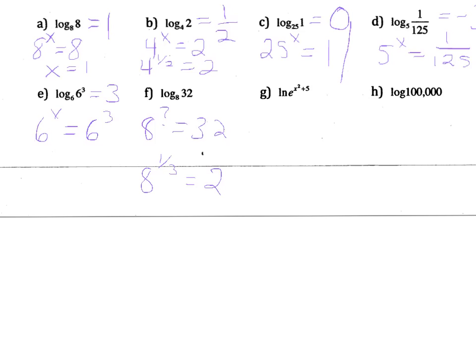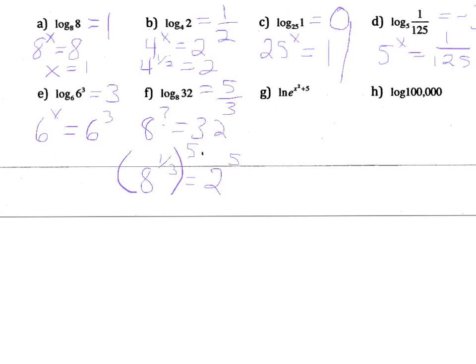And if I took 2 and raised it to the 5th power, I would get 32. So what we did was we cube rooted 8 and then raised it to the 5th power, which would be the same thing as raising 8 to the 5/3 to get 32. So our answer is 5/3.